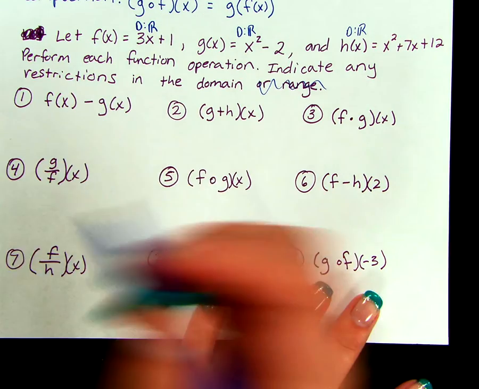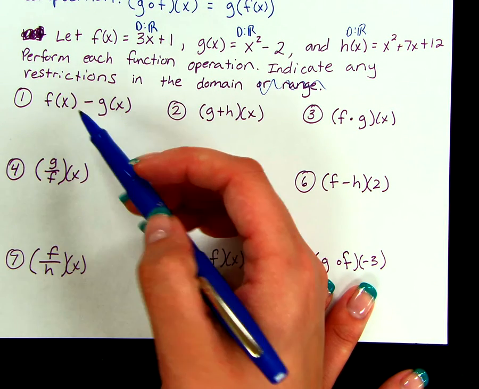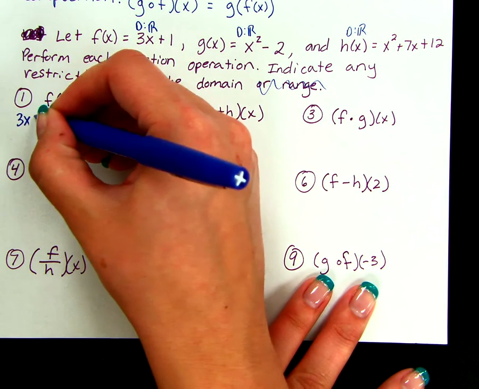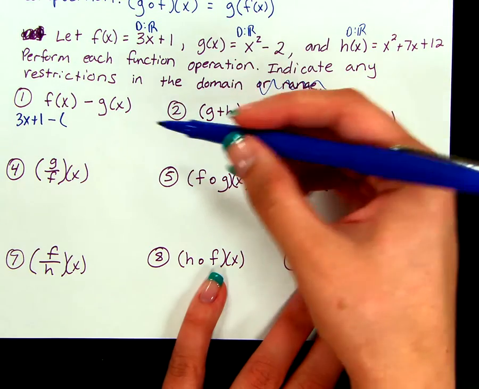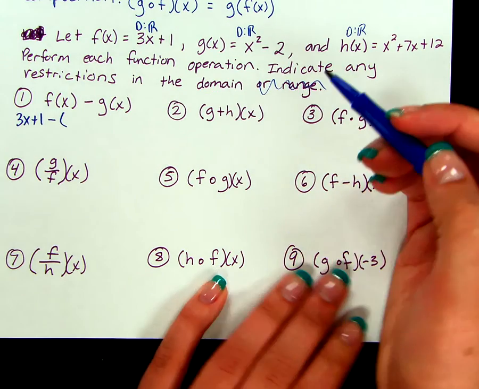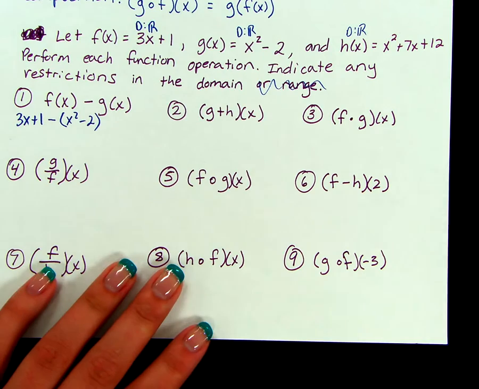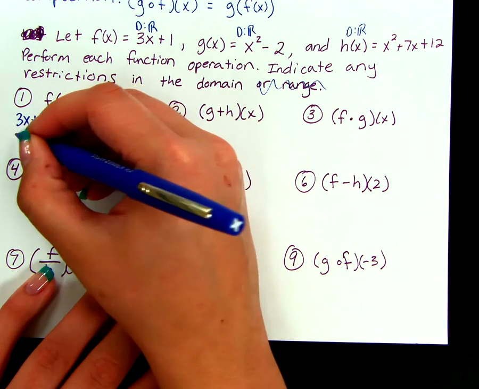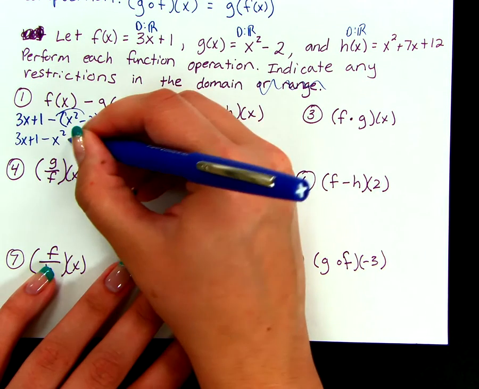All right, problem 1, we're doing f of x minus g of x. I'm going to replace f of x with its equation, so 3x plus 1, and then minus, and I'm going to use a parenthesis since we're subtracting, and then we'll substitute in the g of x equation. That will be x squared minus 2, and then we just simplify as much as possible. We distribute the negative in, so we have 3x plus 1 minus x squared plus 2.